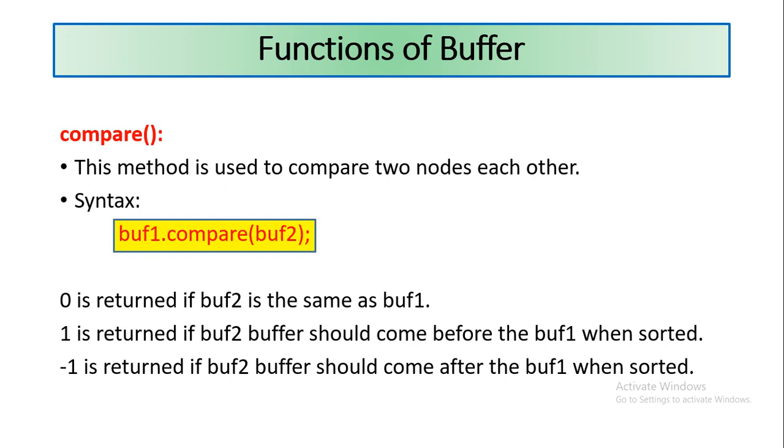But if the value returned is 1, it indicates buffer2 should come before buffer1 when sorted. And lastly, if the value returned is -1, buffer2 should come after buffer1 when sorted.